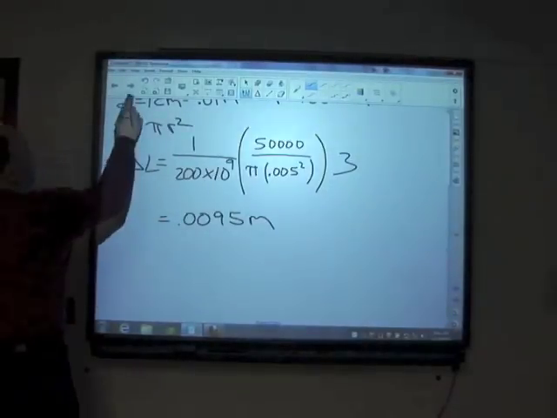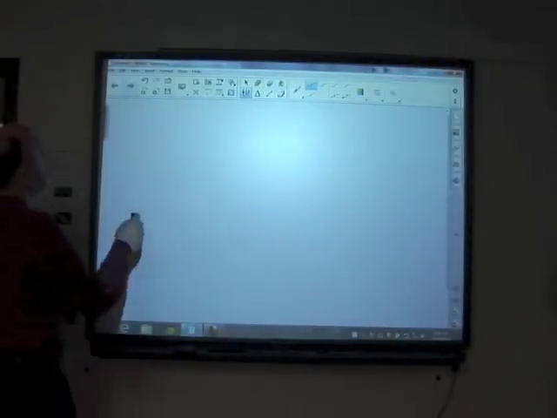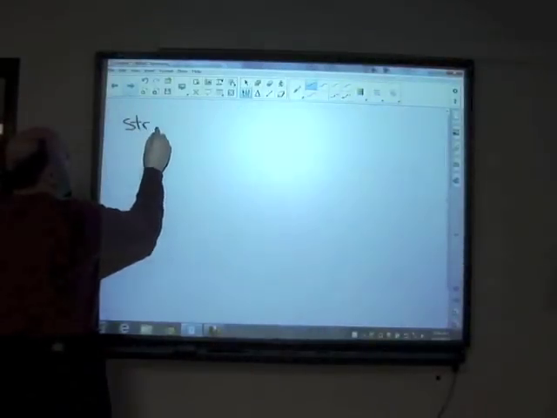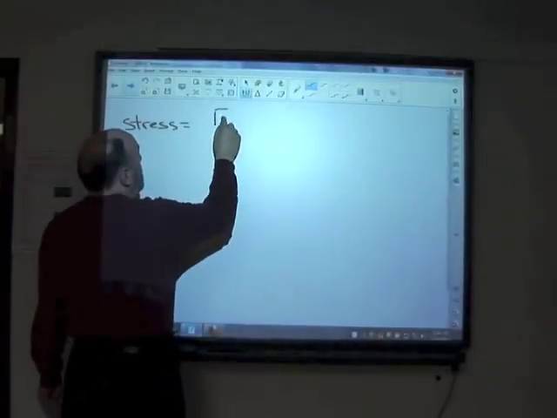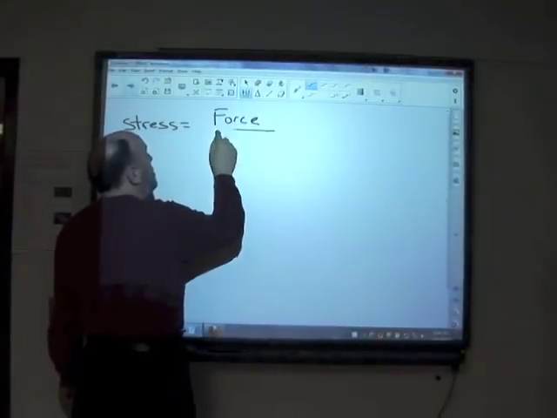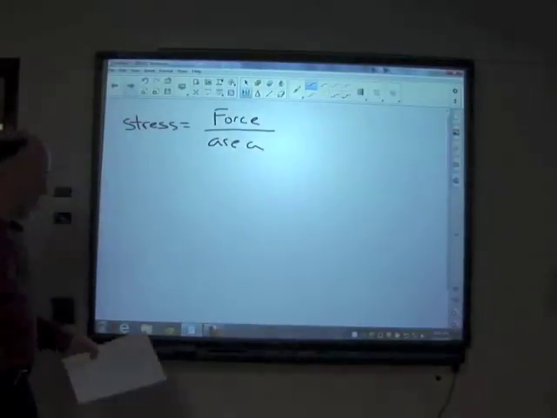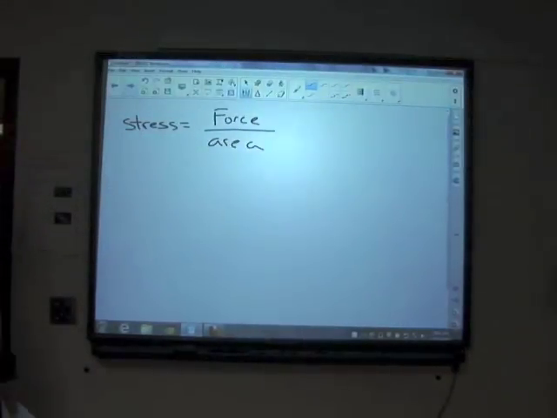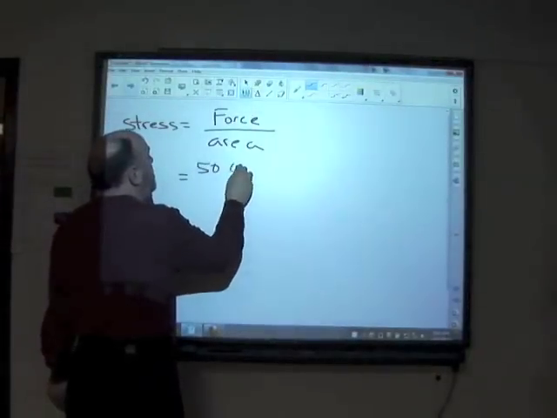We can look at a couple other quantities, and that is in regards to stress and strain. Stress is given to be the amount of force per unit area. Okay? So in the case of this particular problem, the applied force was 50,000 newtons.